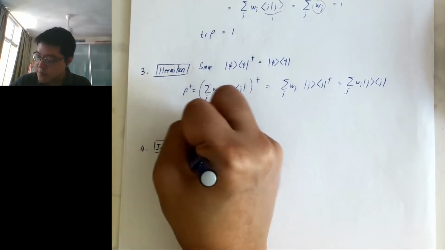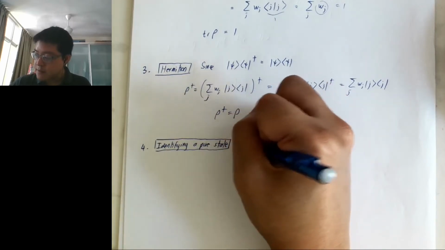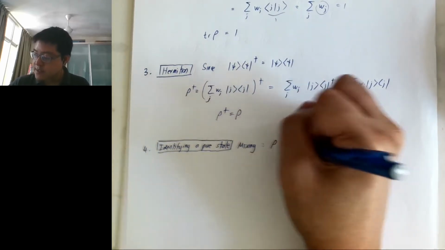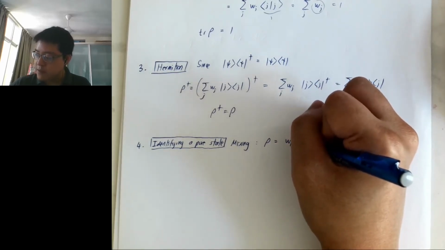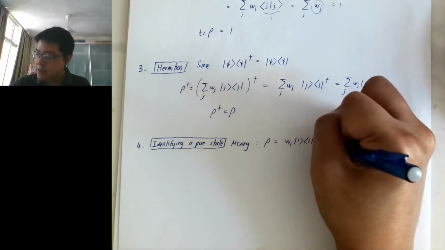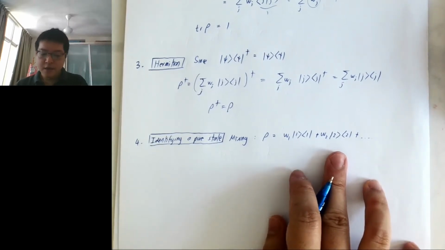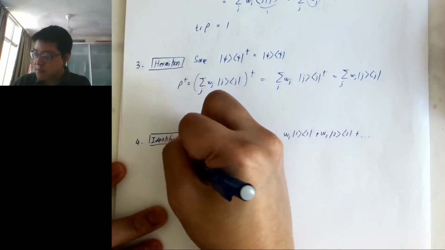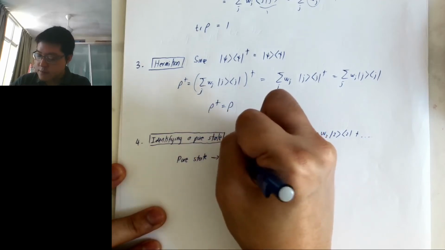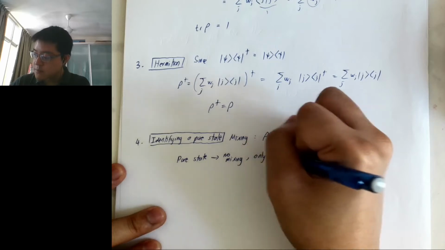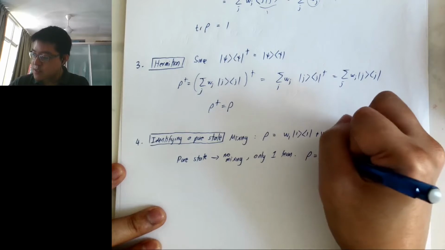Like I said, the mixing is creating a state where I got the weight 1 times state 1, plus the weight 2 times state 2, so this is a mixing of various different states. So if I'm talking about a pure state, it means no mixing. So that means there's only one term, that means it's just psi.